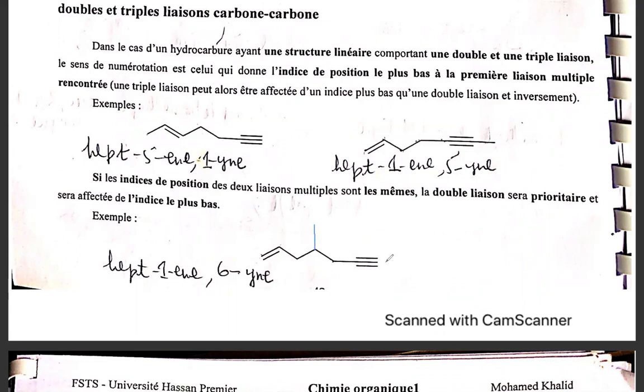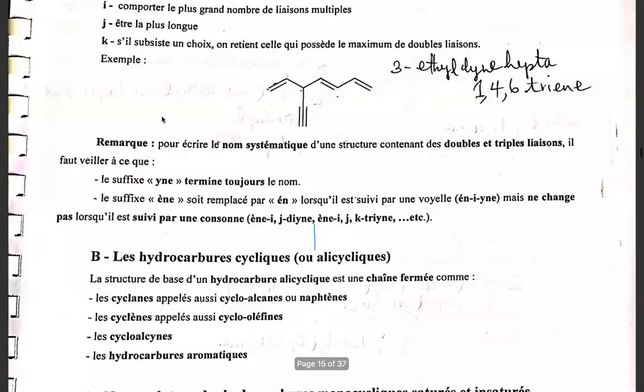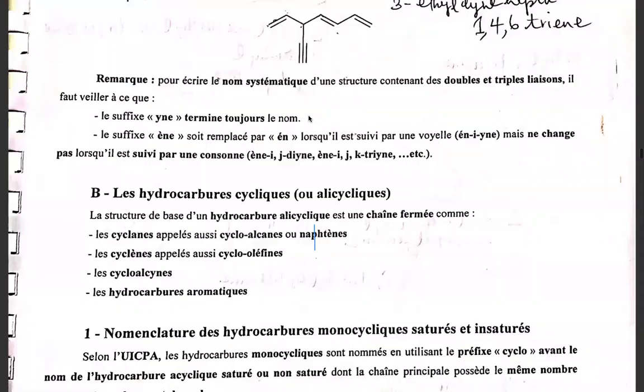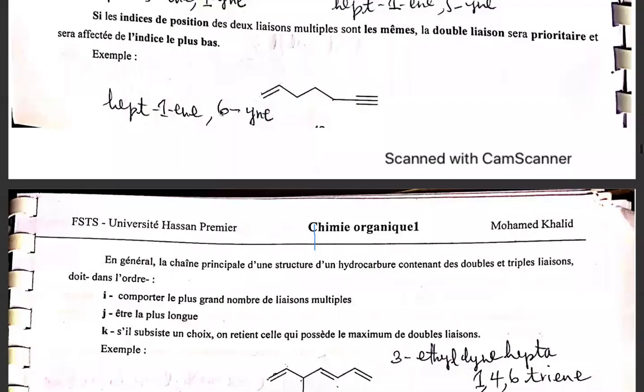No, look, these letters that you've seen here just show that there can be a number positioned at position number 6, position number 7, position number 8, position number 9. Now, in a case where you have a diene, a triene, and all those things, it does not change anything.